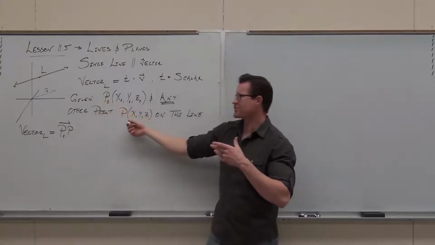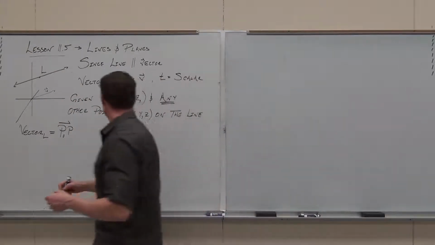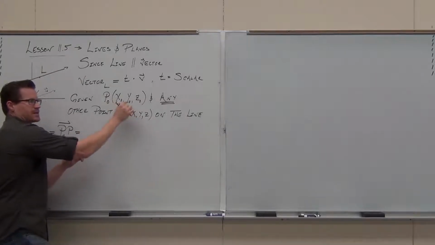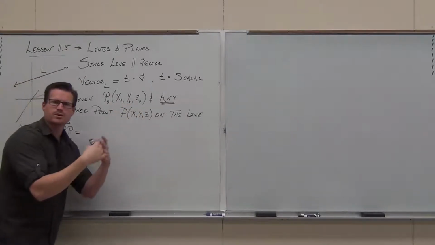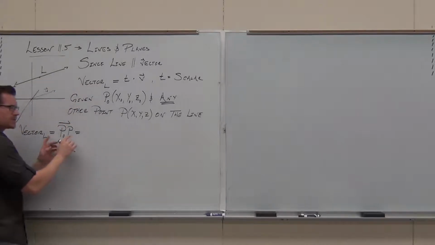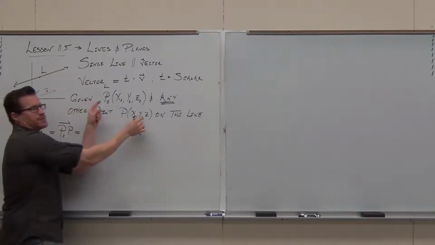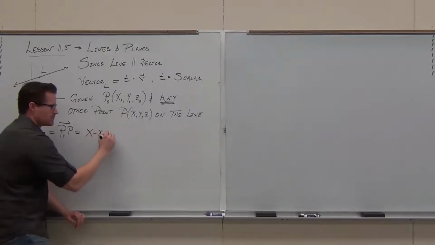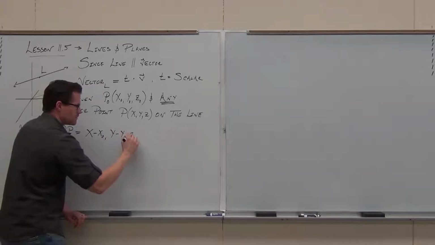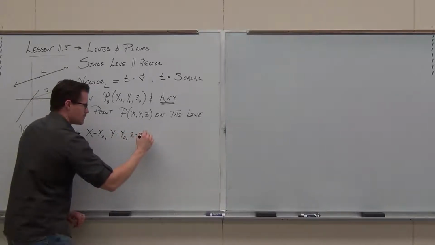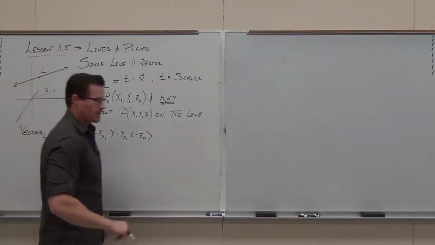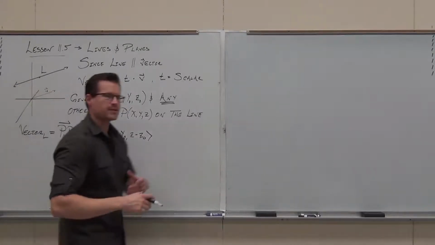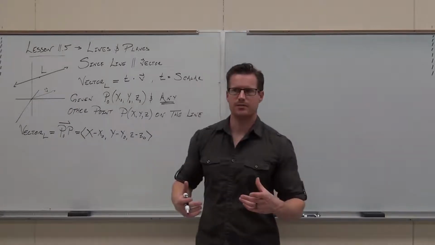The way that we do that, this minus this, this minus this, this minus this, is how we always find the vector between 2 points. So the vector of the line, if these 2 points are on that line, just subtract them. And that's what we use to represent the vector of that line.